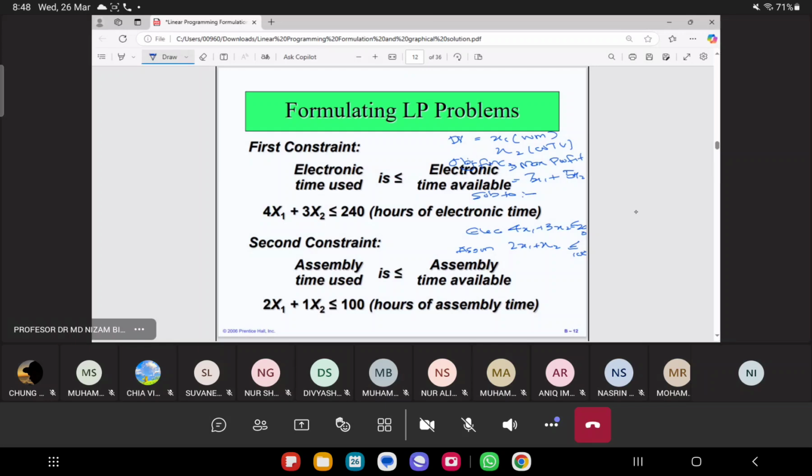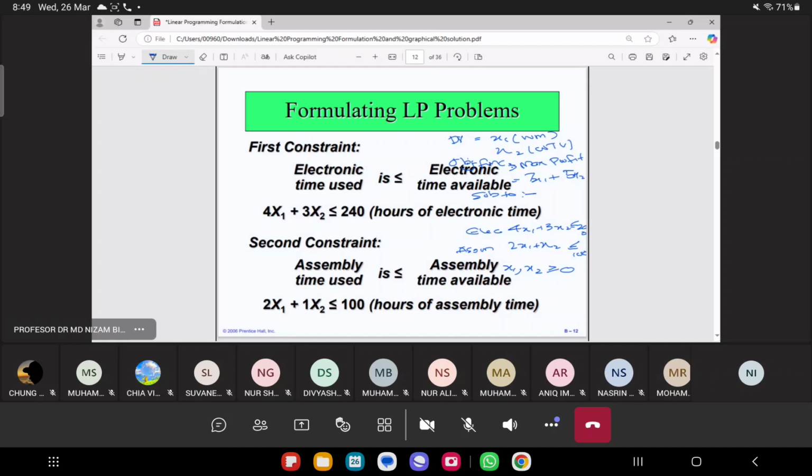And the assembly time is 2x1 plus x2 must be less than or equal to 100. Right? And there is one other constraint, which is basically x1 and x2 must be greater than or equal to 0.